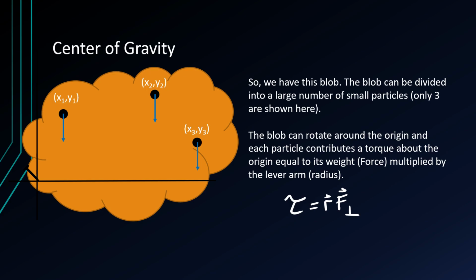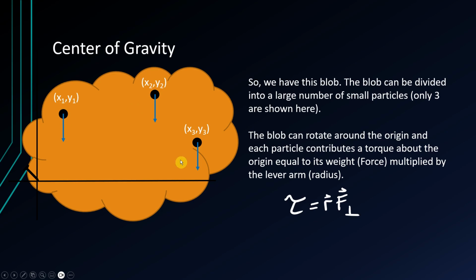Well, let's say I have this big cloud here, and this big cloud is going to rotate about some pivot point where this axis is. One way to approach this is that we could find all of the particles that make up this cloud. We could calculate the distance from that particle to the pivot point and have the weight or the gravitational force for each one of these.